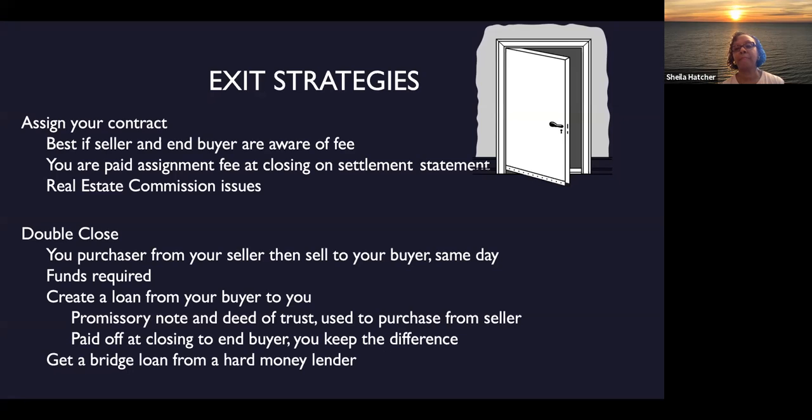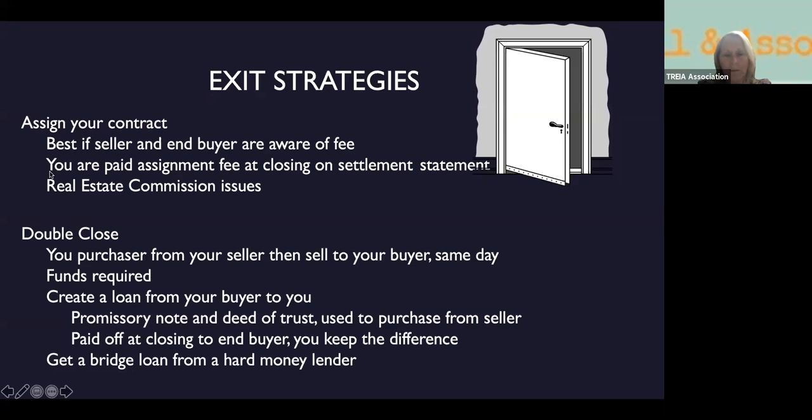Okay. So in order from most favorable to least favorable, number 1, do an assignment. Number 2, do a promissory note to your buyer. And number 3, get a bridge loan from a hard money lender. That's in order of most favorable to least favorable.